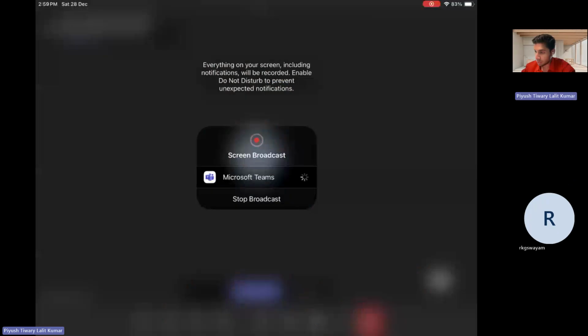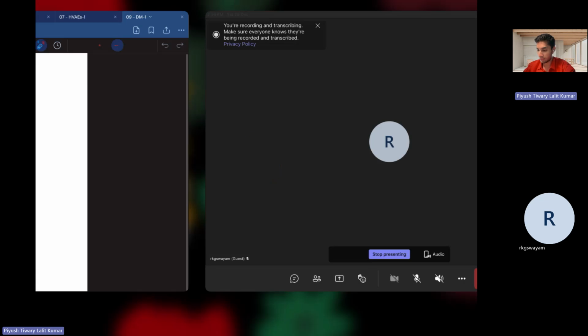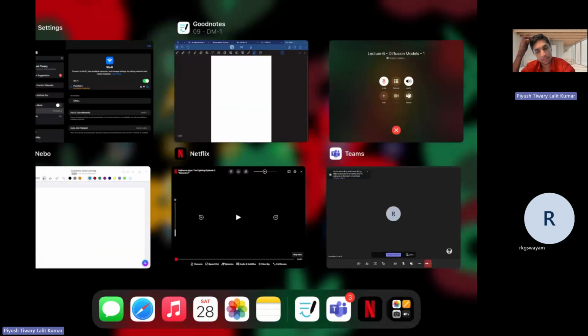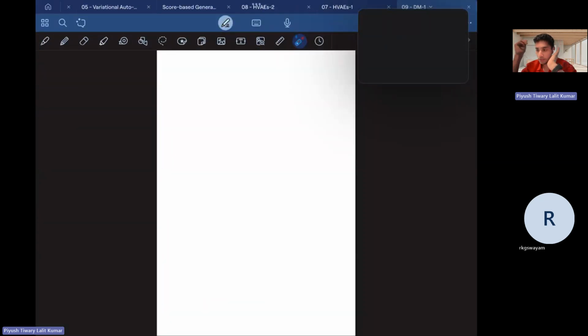So, this will be a quick lecture where we have been going a little step by step. We started with something very simple like VAEs. Then we extended it to HVAEs, hierarchical VAEs. Particularly, we extended it to Markovian HVAEs.